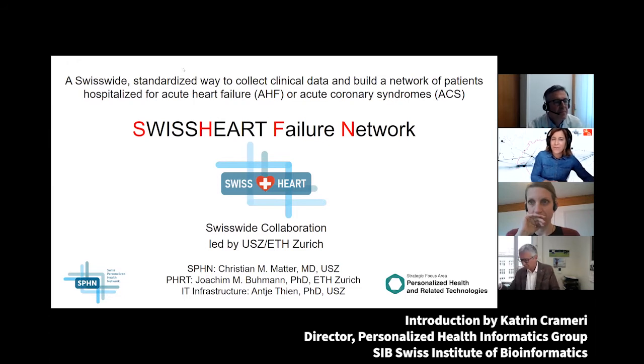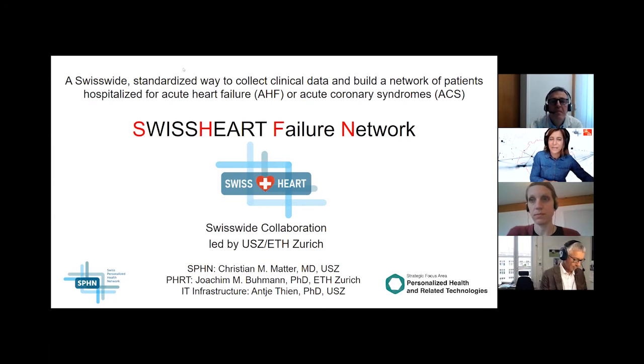Today, we will hear about the driver project SwissHEART Network. This is a project funded jointly by SPHN and PHRT in 2018. In the realm of this project, a variety of different data types, so for example, clinical data, laboratory data, electrocardiogram, and imaging data will be collected of patients at risk and patients hospitalized for acute heart failure.